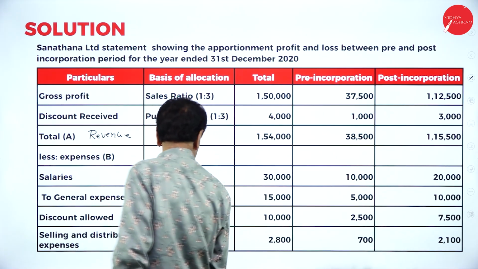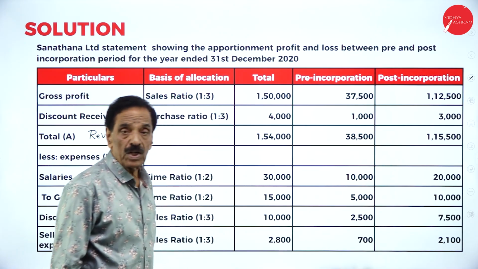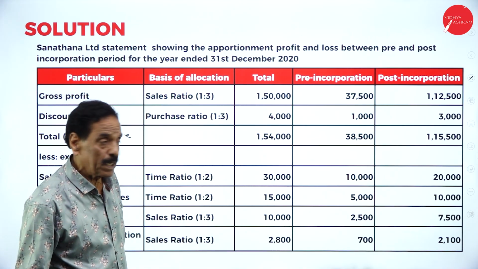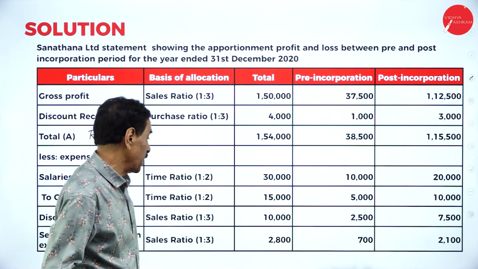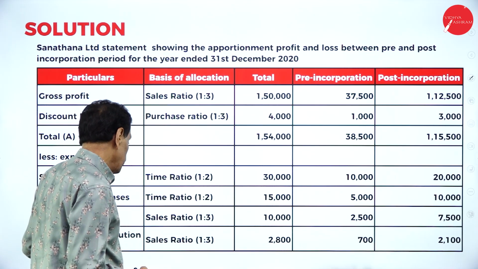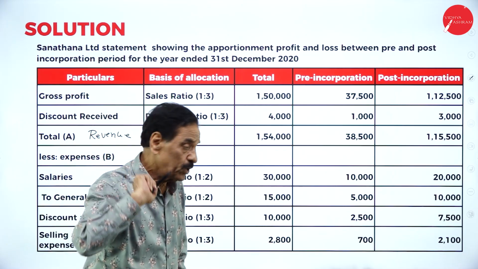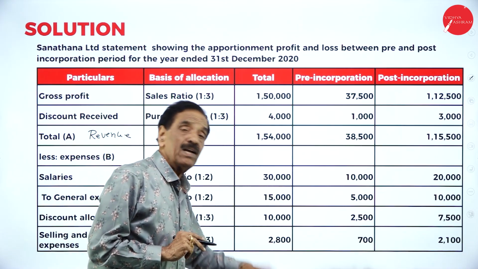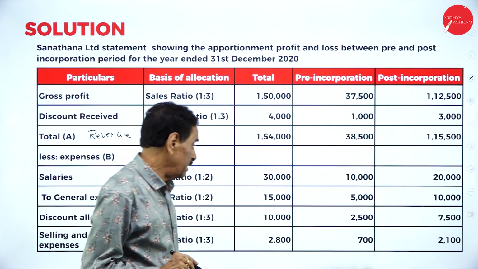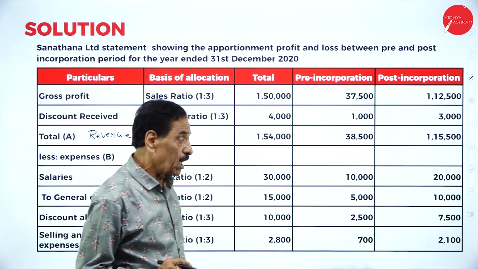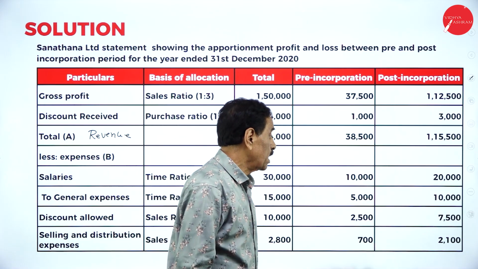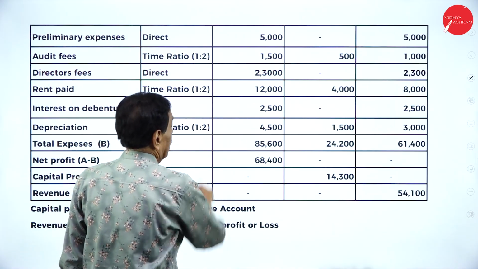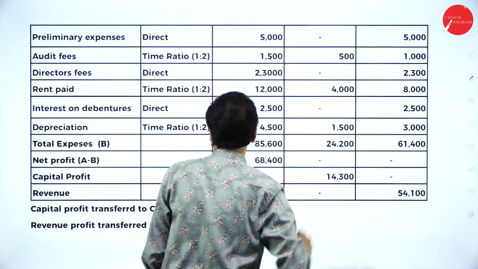The total amount is 10,000. 2,500 goes to pre-incorporation, 7,500 goes to post-incorporation. Selling and distribution based on sales ratio 1:3. 2,800. 700 goes to pre-incorporation, 2,100 goes to post-incorporation. Preliminary expenses are direct.